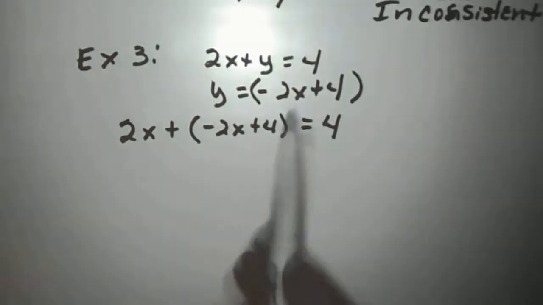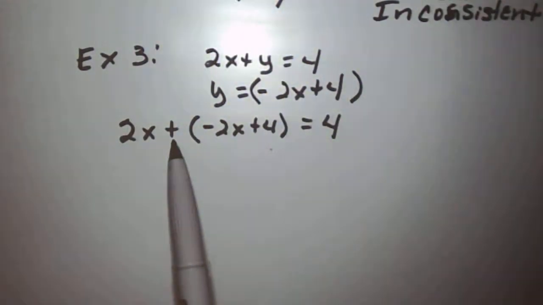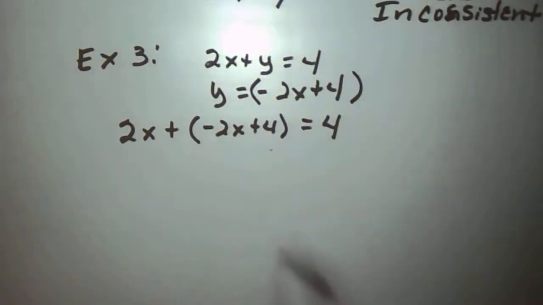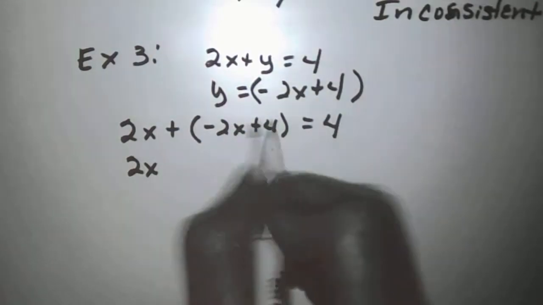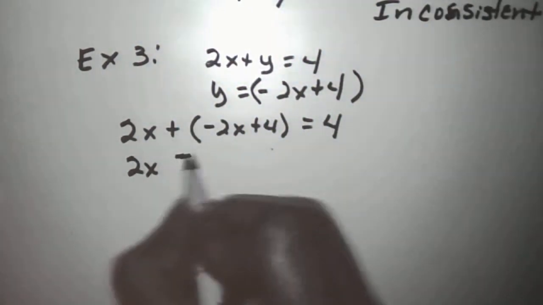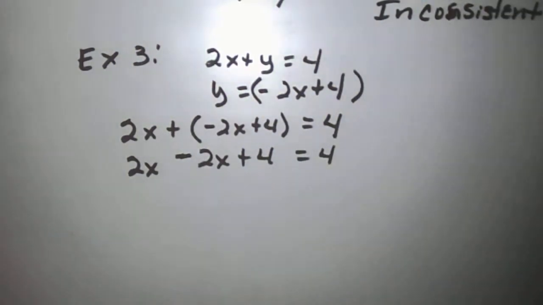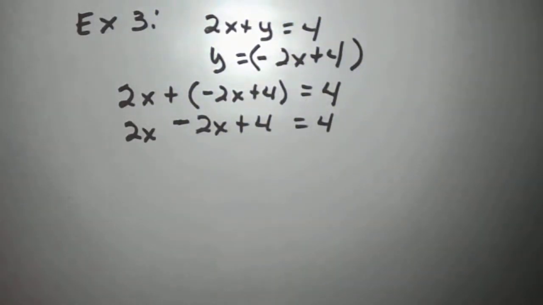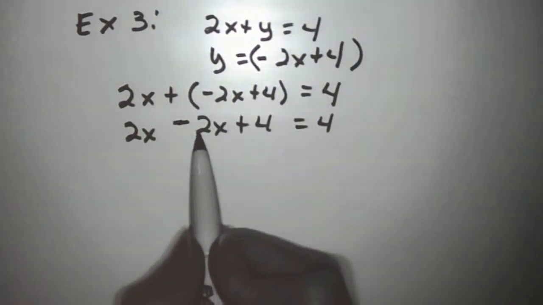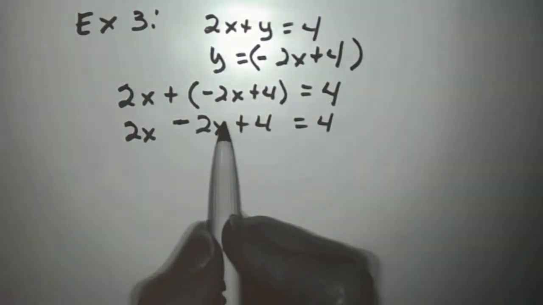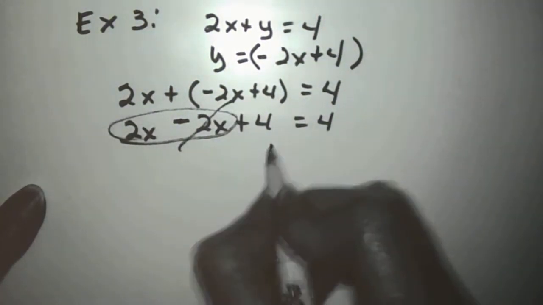Okay, notice everywhere there was a y, I put parentheses, just in case there's a negative sign here. Positive signs are easy to distribute. Nothing changes. Okay, now 2x minus 2x once again adds up to 0. Thank you, Alexis.